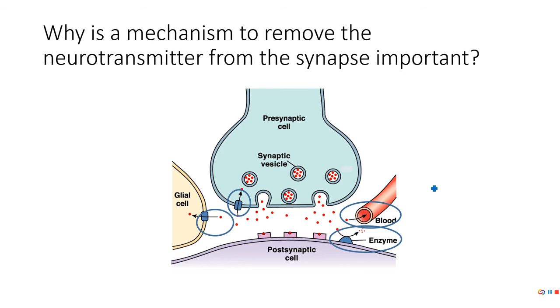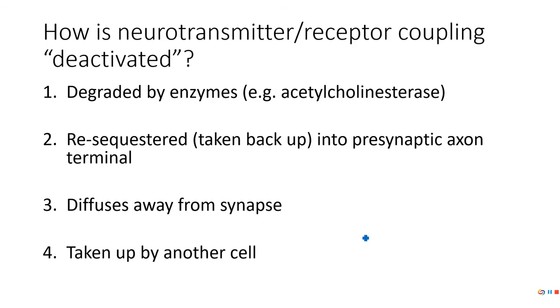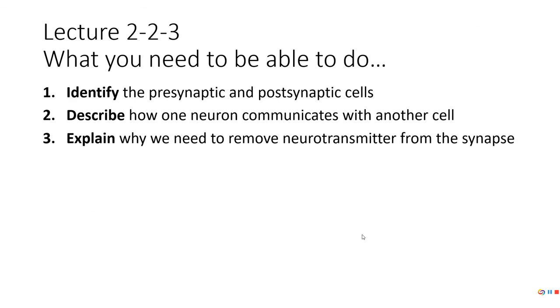And notice that we go from neurotransmitter here to broken neurotransmitter there. We need this to happen so we don't have constant stimulus, and it allows us to have another action potential or communication or whatever you want to call it when we're ready for it.